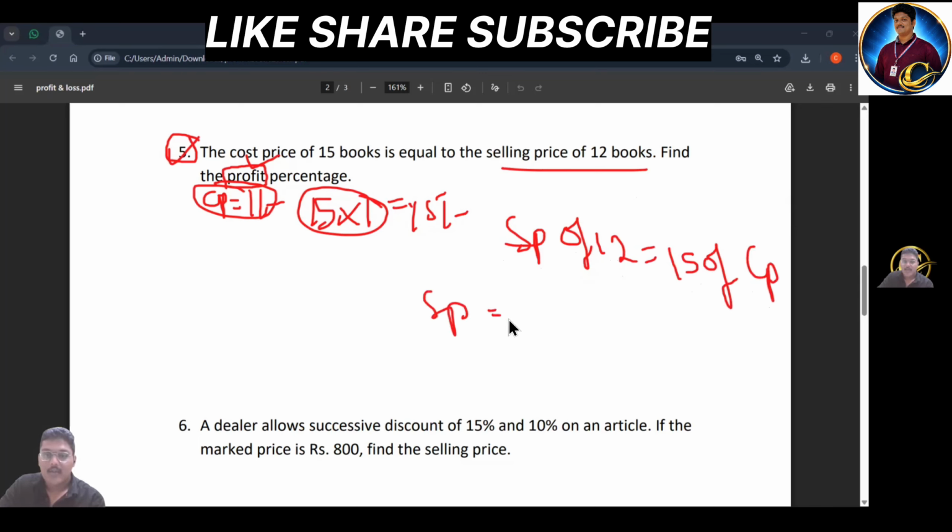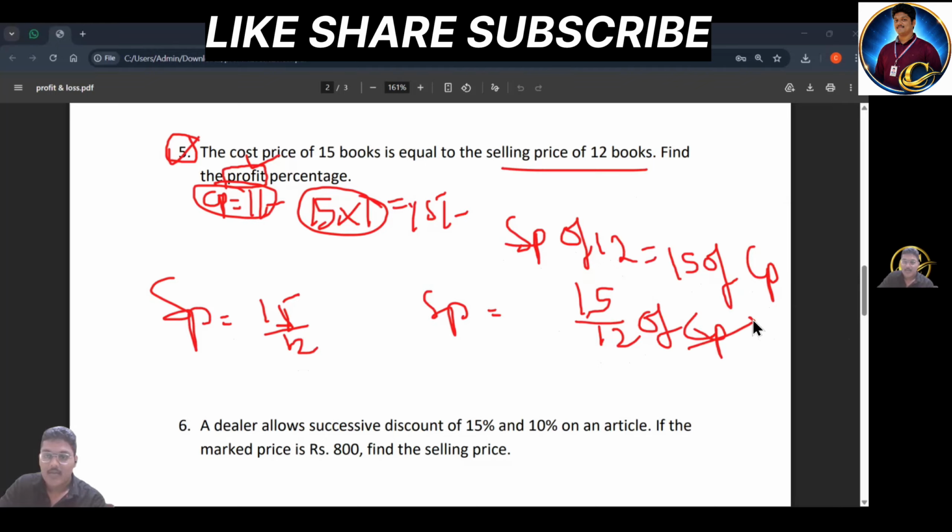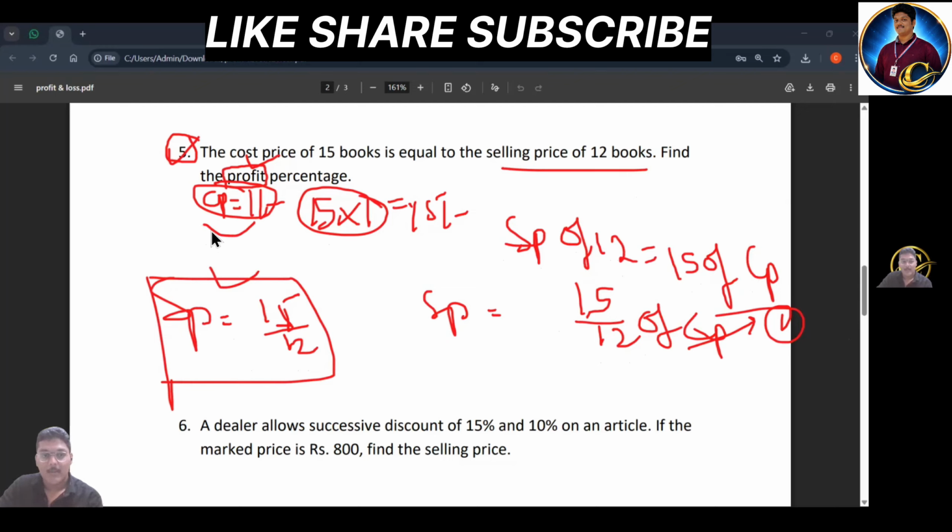That is, SP is equal to 15 by 12 of CP. That is, SP is equal to 15 by 12 into 1, that is 15 by 12. We know SP, and we know CP. Then automatically we can find profit percentage. That I'll explain, right?